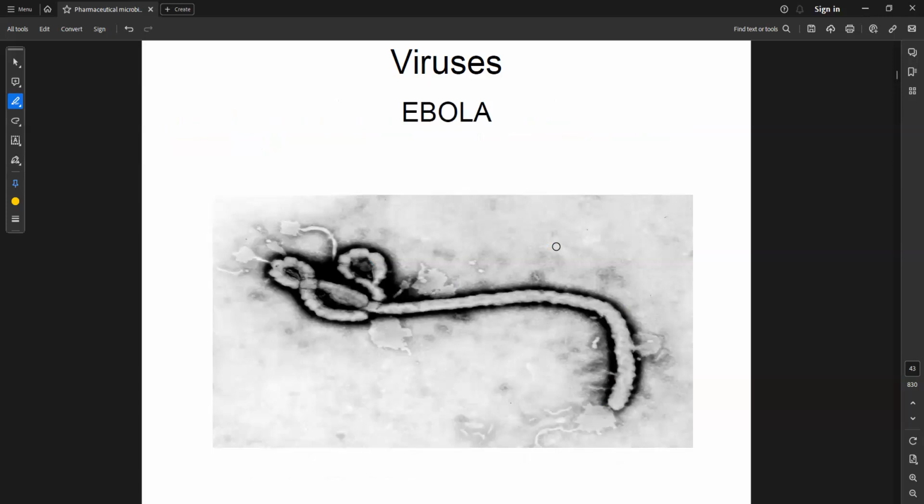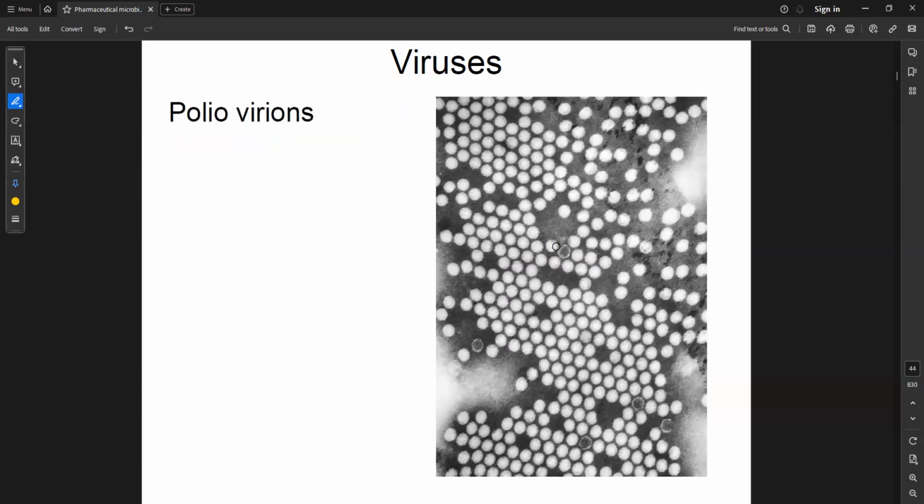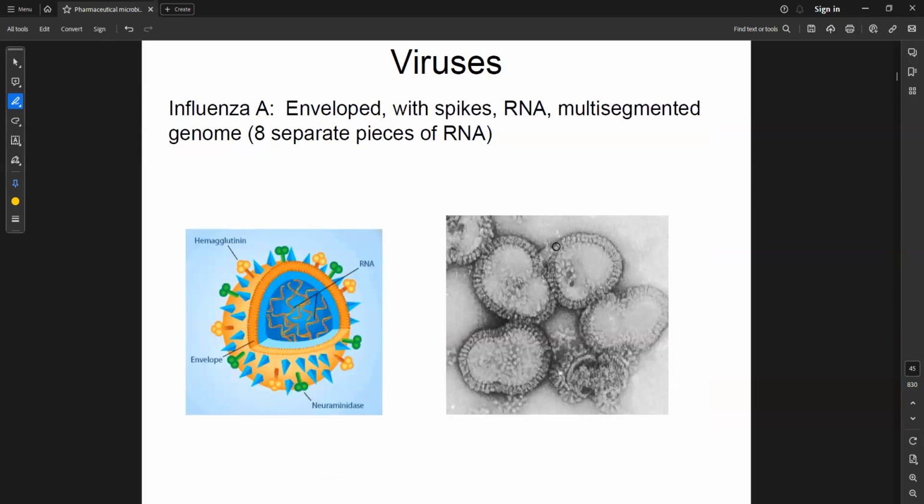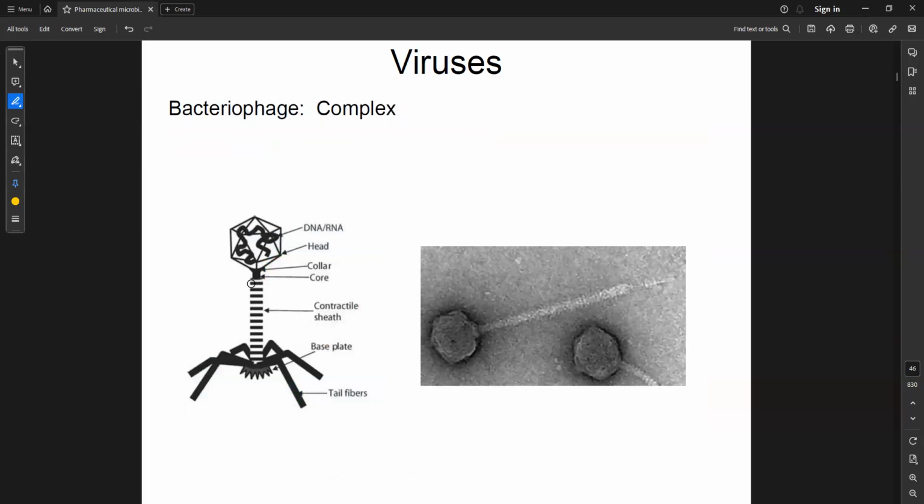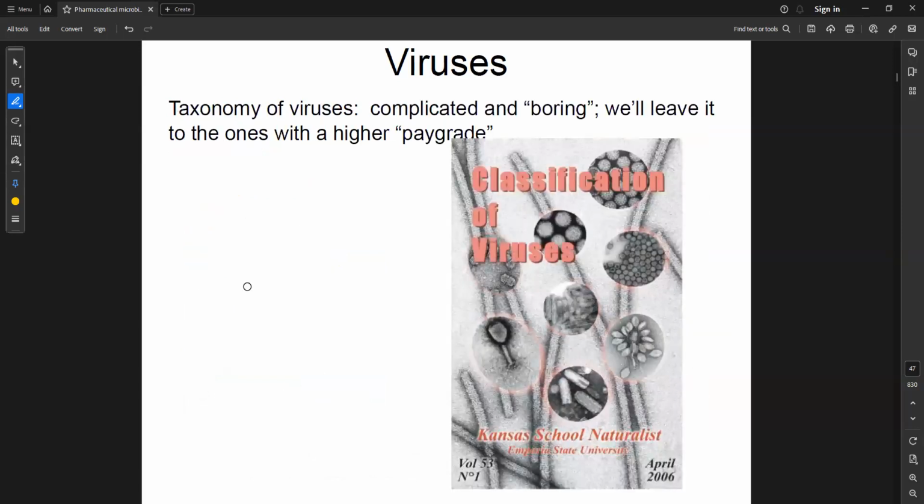We have the Ebola virus, we have the polio, we have the influenza A, which is enveloped, and you can see the spikes around here. Then we have the bacteriophage or complex virus. This is complicated and boring, and we'll leave it for the ones with a higher pay grade. If you get a question like this, it's not in your pay grade.